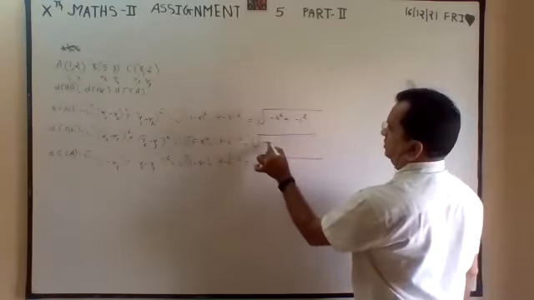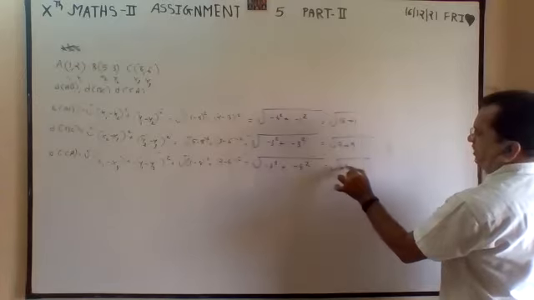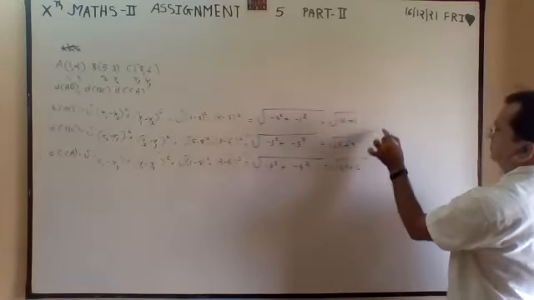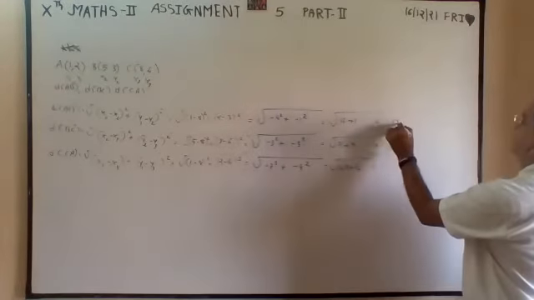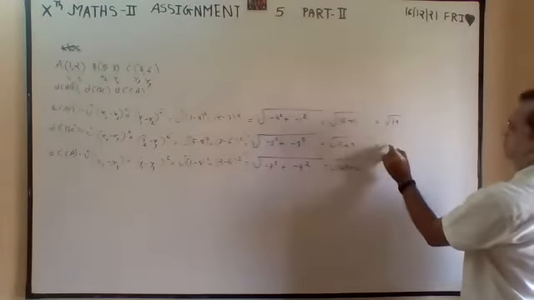4 4s are 16 plus 1, 3 3s are 9 plus 9, 7 7s are 49 plus 16. It is 17, it is 18, it is 65. So the largest distance is distance CA.